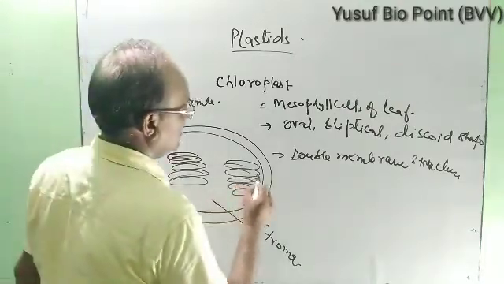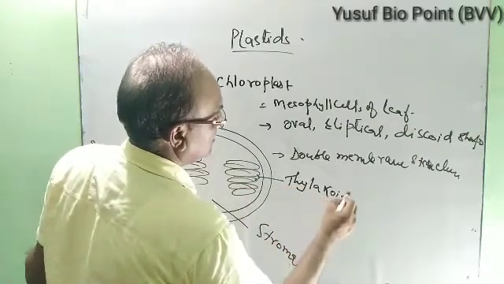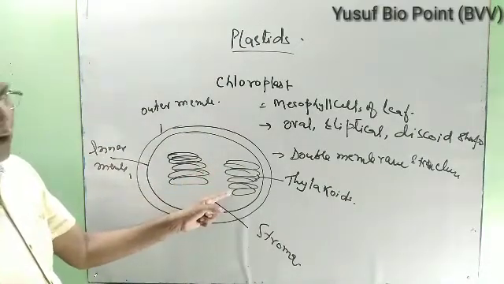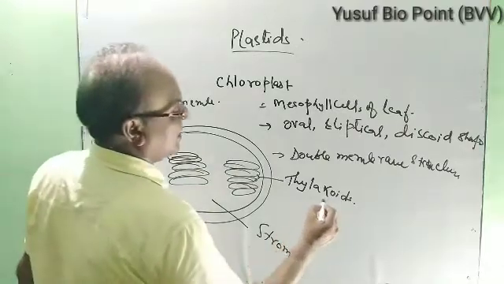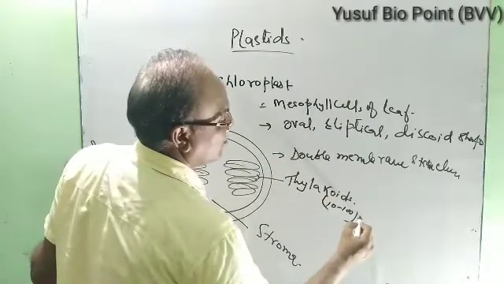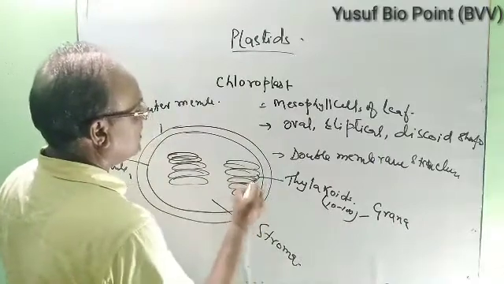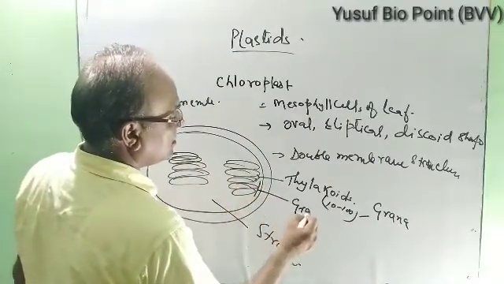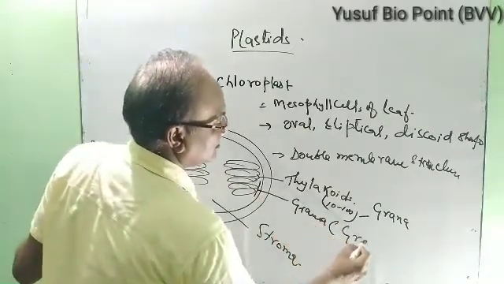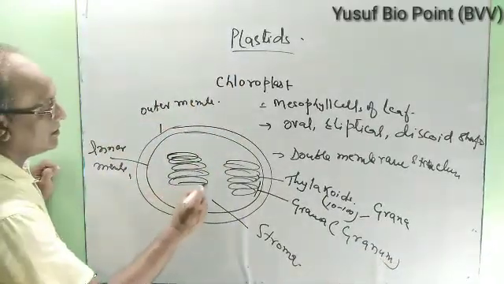These are called thylakoids, and there are so many thylakoids, about 10 to 100 thylakoids. 10 to 100 thylakoids combine to form grana. Singular is granum.